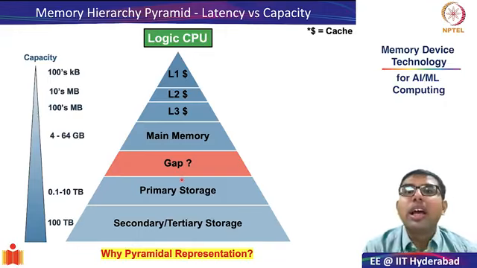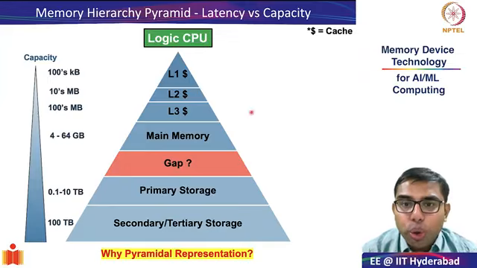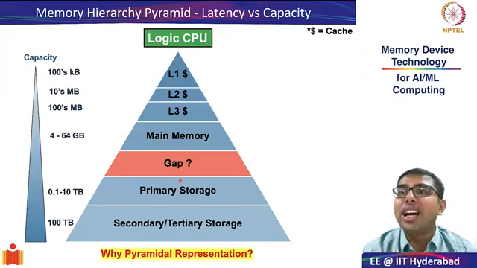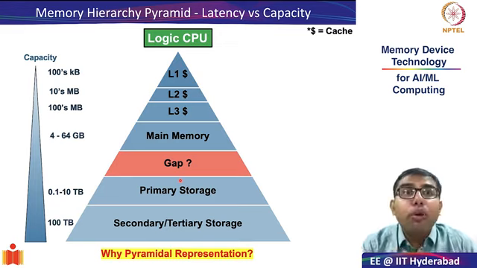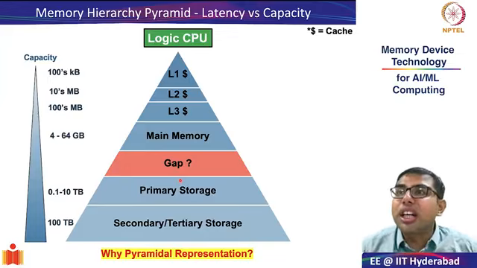For example, as you can see, as you go further down in the memory hierarchy, the idea is more about storage. You need to store the elements, and therefore you need larger and larger capacity.